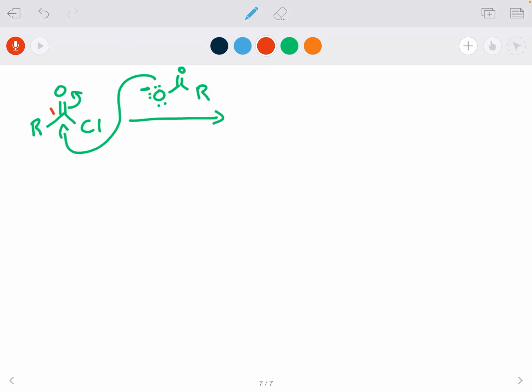So I'm going to go ahead and number, this is carbon 1, and that's carbon 2. So now when I draw these together and combine the reaction, I got O minus here. I've got my chloride, and then oxygen.